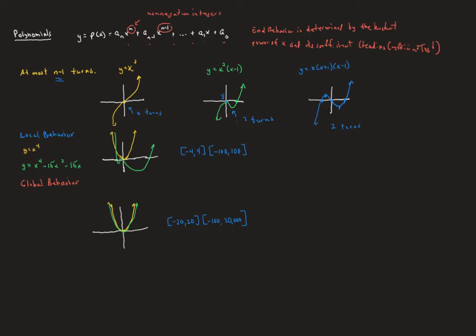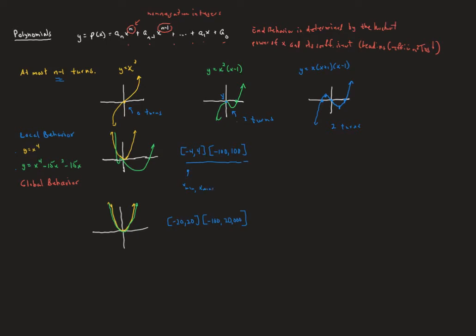Now you can put this on your calculator if you like. I have in yellow graphed y equals x to the fourth, and in green y equals x to the fourth minus 15x squared plus 15x. What I mean by this notation is that the graph will come from a calculator screen that has an x-min and an x-max given by the first ones.